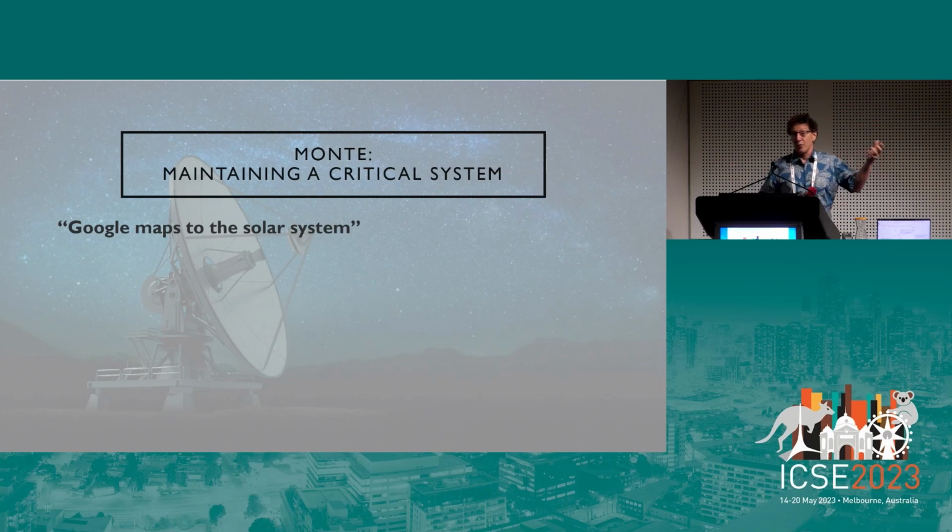The Monty system provides this mapping capability for NASA, and it is currently responsible for the tracking of about 18 projects, and one of those is a future planned human mission to Mars.